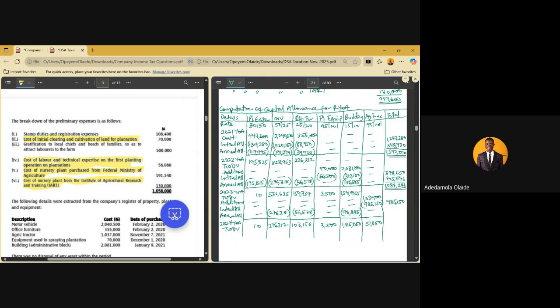So what do we have as the total annual allowance in that third year? Total 509,781.